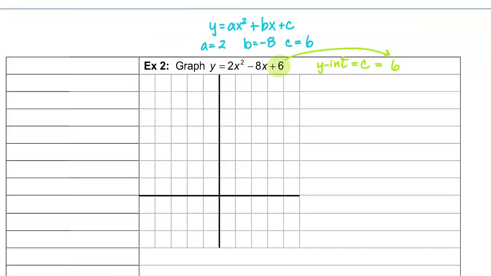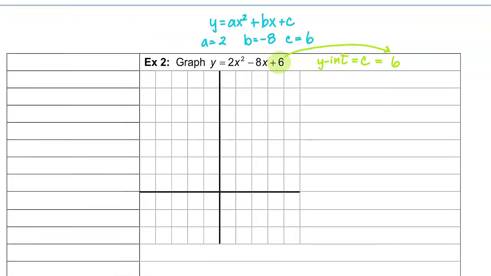So on the y-axis at 6, I'm going to go up here, 1, 2, 3, 4, 5, 6. That's right here. Plotting my point. I'll label that with a 6. So I'm doing good there. Step 1, find the y-intercept.